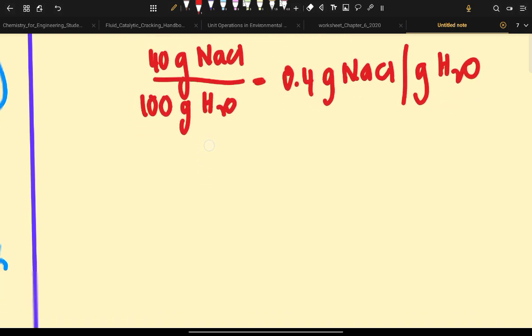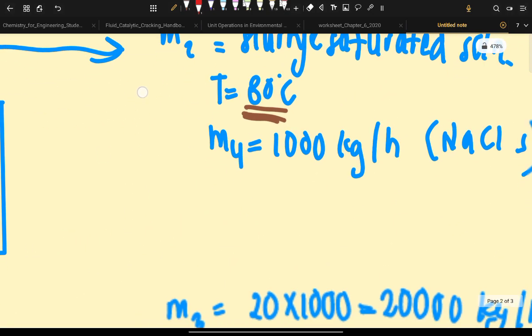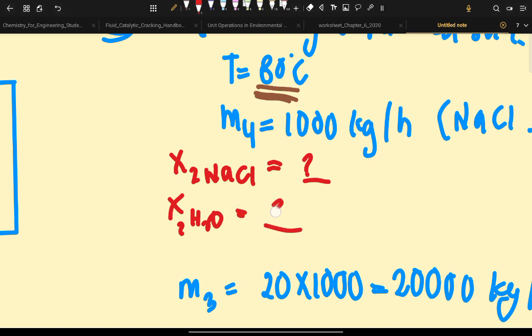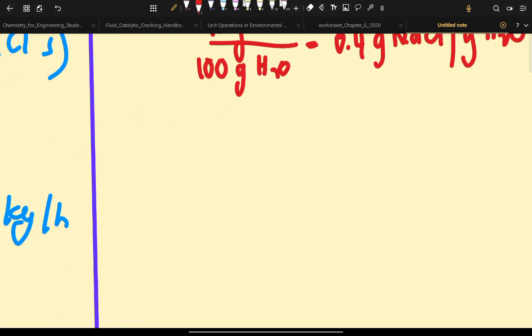And then as we know, here we have X NaCl and X H2O in stream number 2, which we don't know yet. So as we said here, we can use the information, which is X NaCl over X NaCl plus X H2O.